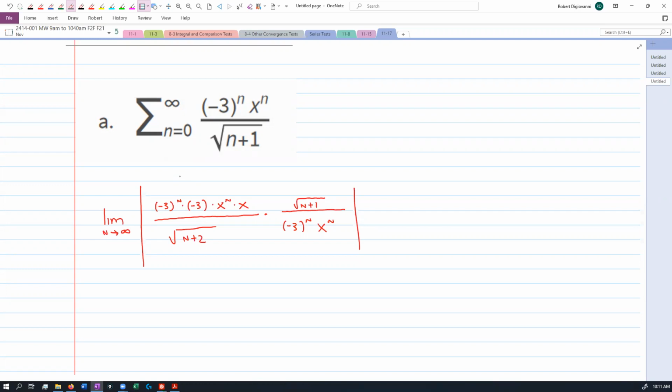The thing about the ratio test in the power series is that this thing where I'm splitting up the n+1 powers into two things is a common theme. It happens a lot, so just get used to it. Are you sure there aren't any questions?